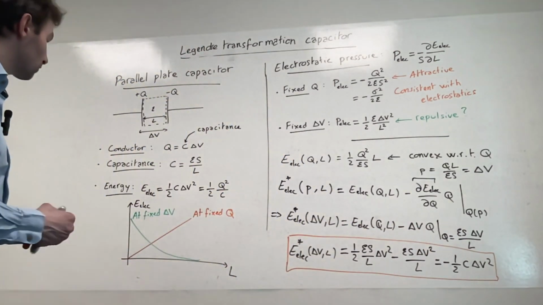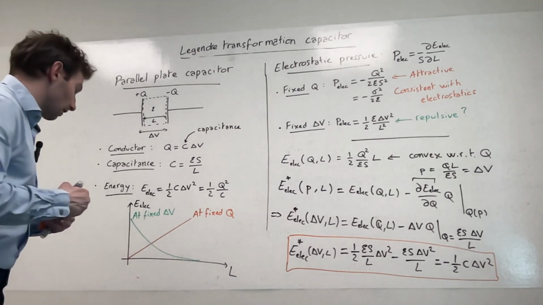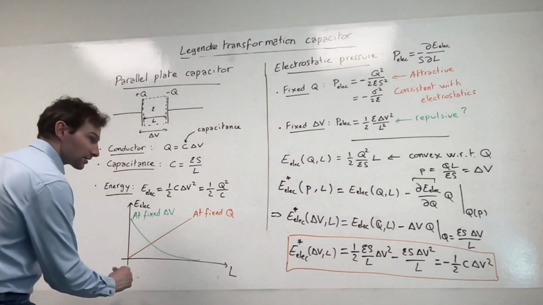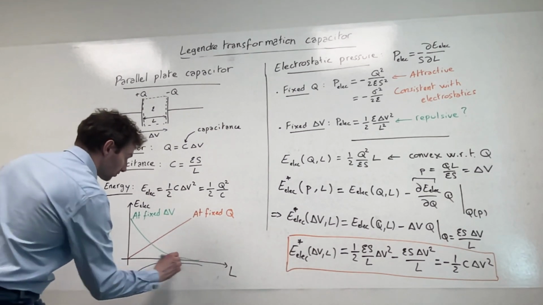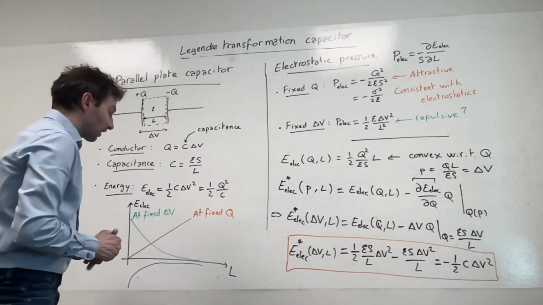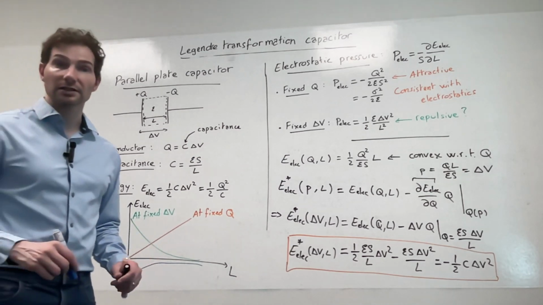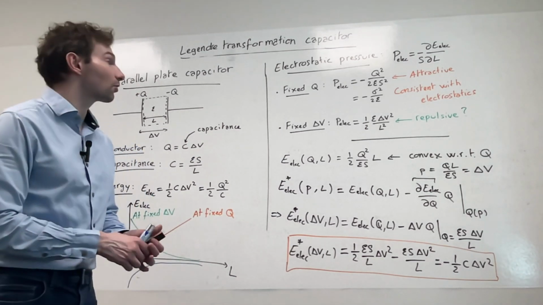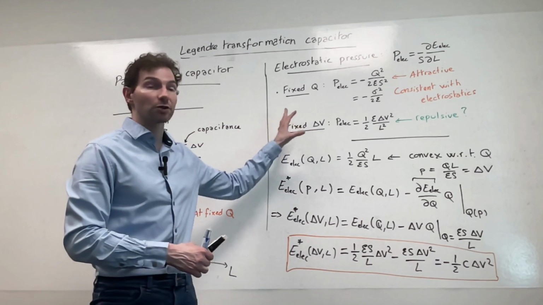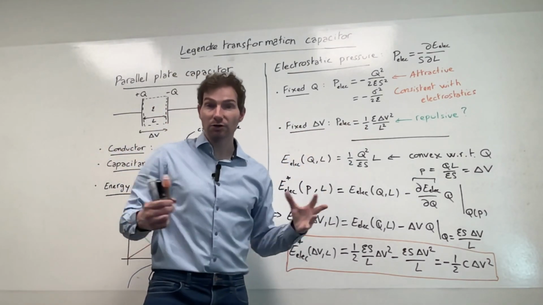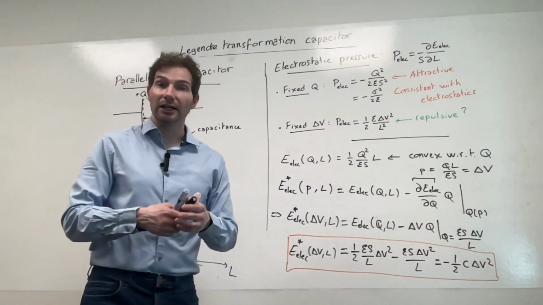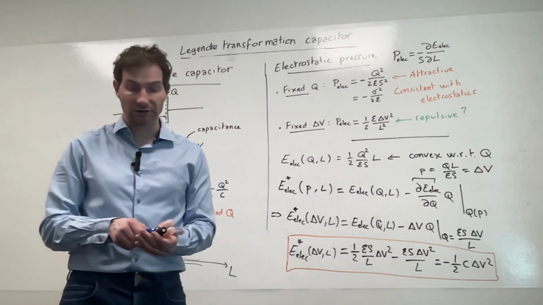So if you were to plot that one, then it would start from minus infinity and then increase to 0, and therefore the corresponding electrostatic pressure you would get would be minus that. So that would still be okay and consistent from a physics standpoint.